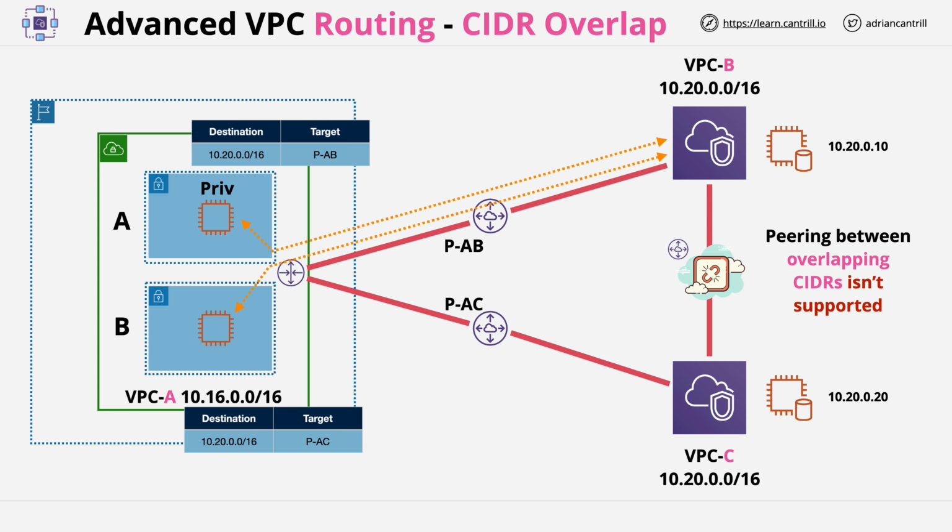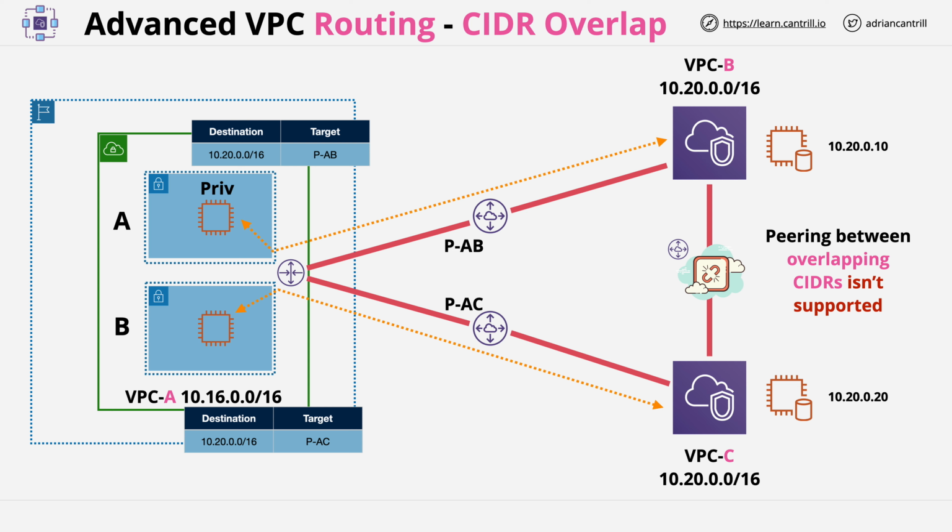The top route table applies to the top subnet and the bottom route table applies to the bottom subnet, and this means that the bottom instance will now use the bottom route table, so it can now access the services inside VPC C, whereas the top instance in the top subnet will access VPC B.